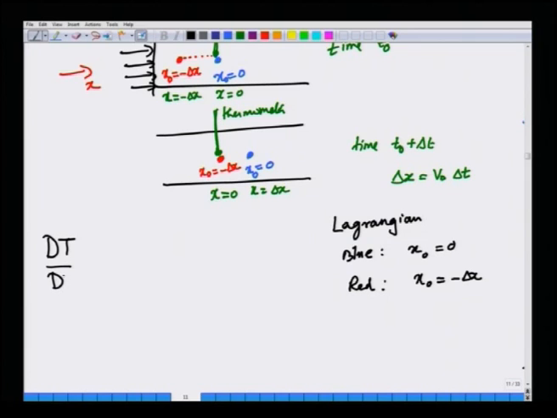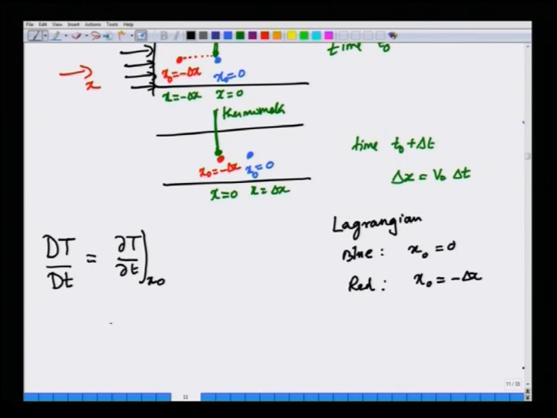We mentioned in the last lecture that the substantial derivative is denoted by a special symbol, capital D by Dt. It is simply the rate of change of temperature with time as you keep x naught constant. Okay. So, that is the key difference.